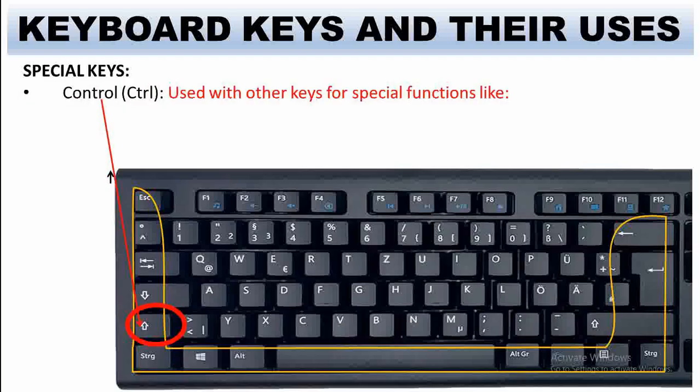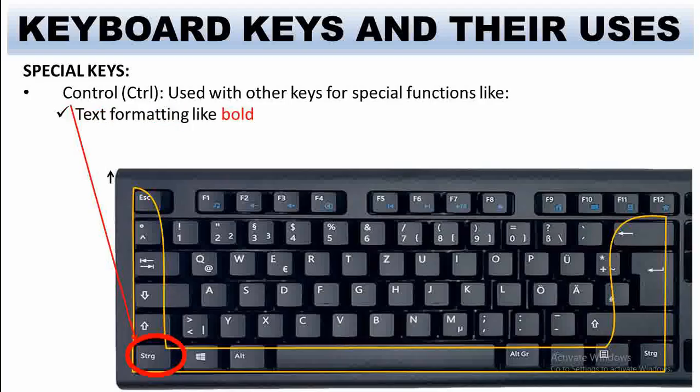The control key is used with other keys for special functions like text formatting. If we want to format text like bold, italicize it, giving it italic, or underline, all those formatting requires the use of the control key.